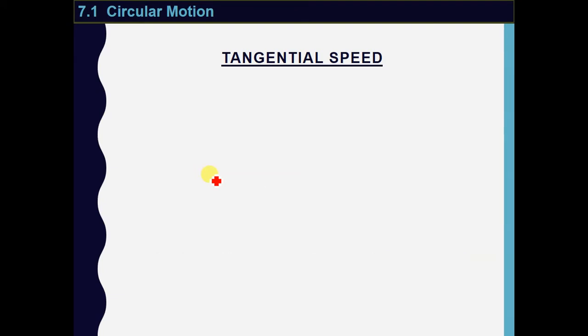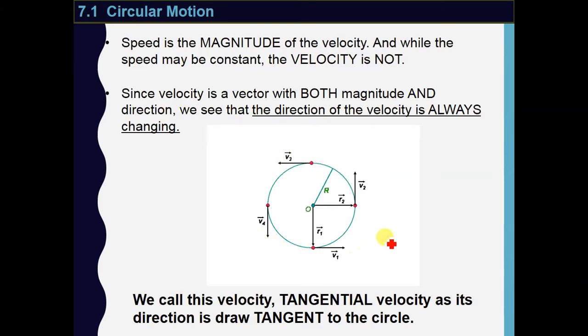What does uniform circular motion mean? If the ball is moving with constant speed like 2 meters per second all the time, the circular motion of the ball is called uniform circular motion. It's not changing the speed, the amount of the speed, but definitely the direction is changing, therefore the velocity, which is a vector quantity, is changing.